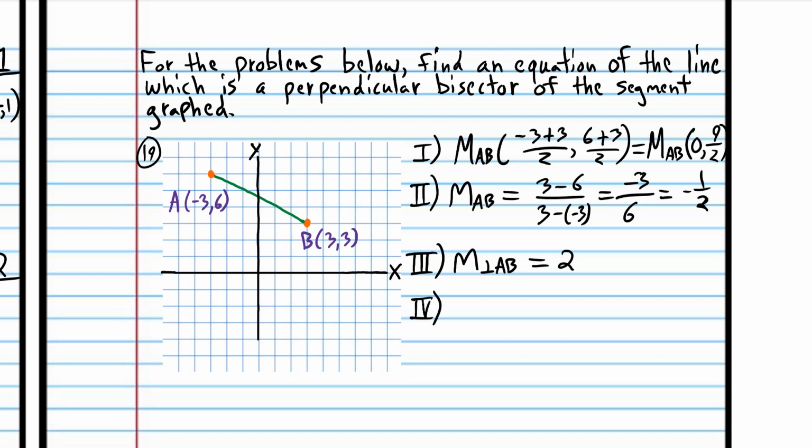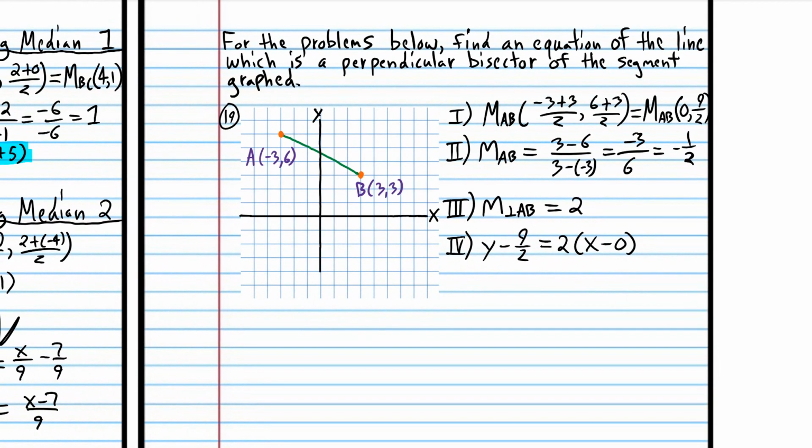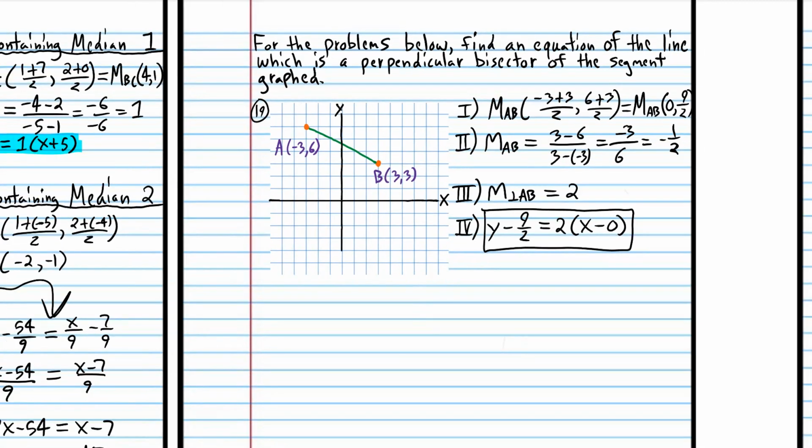And now the fourth step, we just write the equation of the line. So we need the midpoint. So it's y minus 9/2 equals the slope we just found times x minus 0. And we got that point from up here. So we're done. That is the equation of that line.